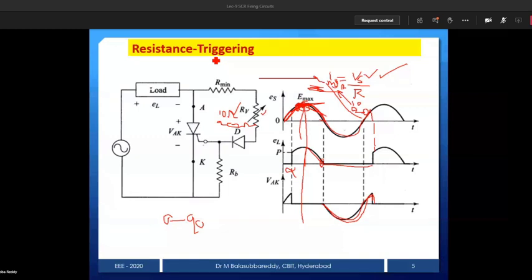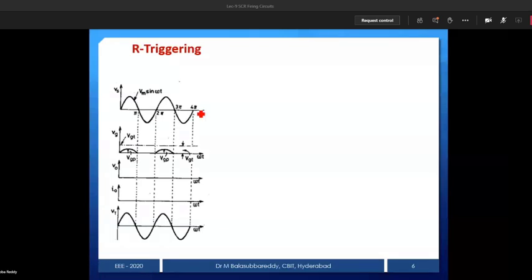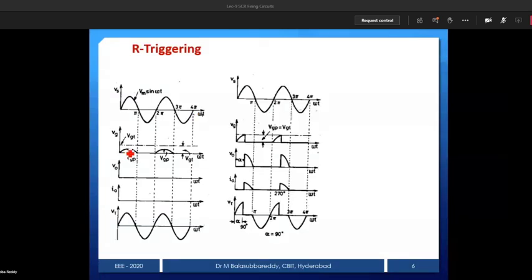This is the slight theory part I have also given, and some more graphs you can see. VGT is the voltage required to trigger the SCR, but if the gate pulse is less than VGT, the SCR will never trigger. Now if the gate voltage reaches VGT, at that instant the SCR will trigger and conduction takes place.